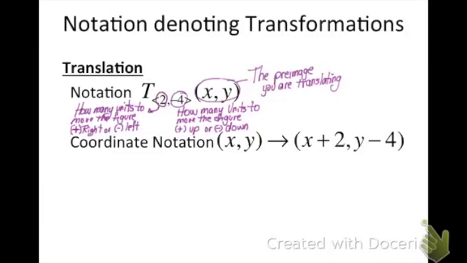Another kind of notation you can use is coordinate notation, and it takes a pre-image and transforms it right or left or up or down using X plus or minus and Y plus or minus.